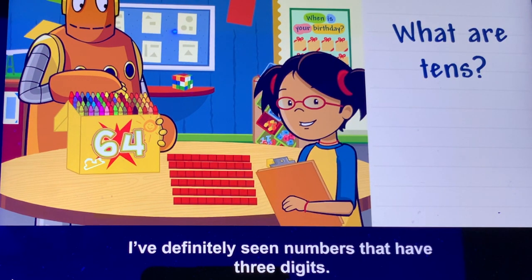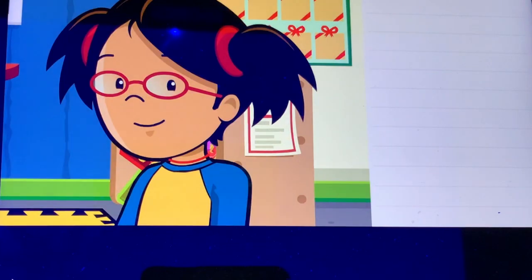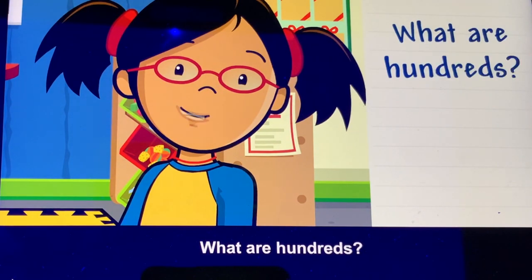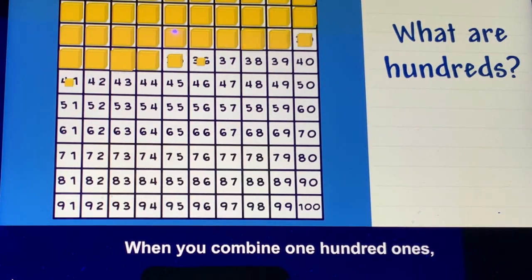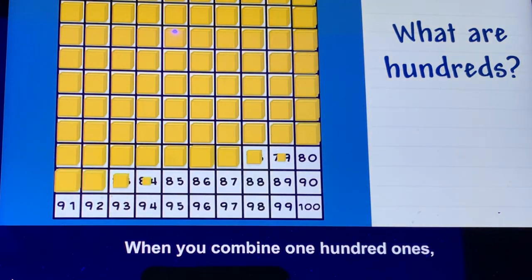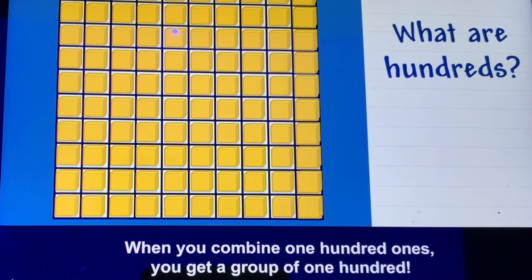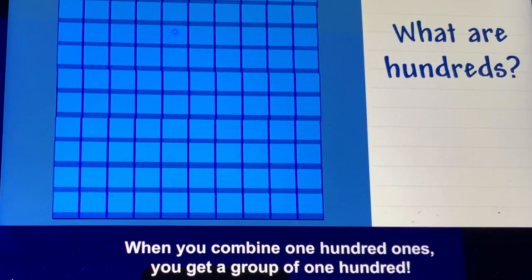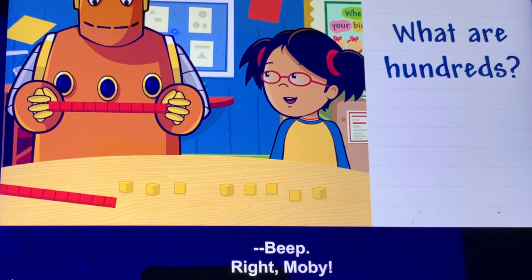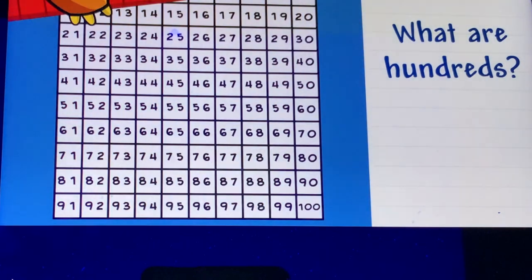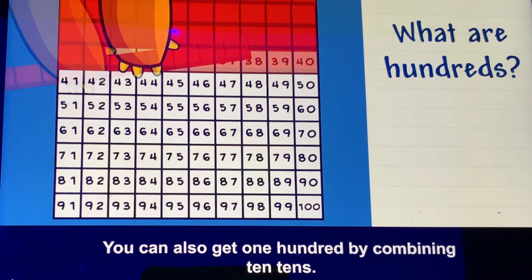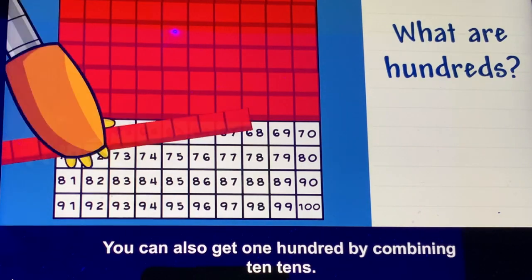I've definitely seen numbers that have 3 digits. What are hundreds? When you combine 100 ones, you get a group of 100. Right, Moby. You can also get 100 by combining 10 tens.